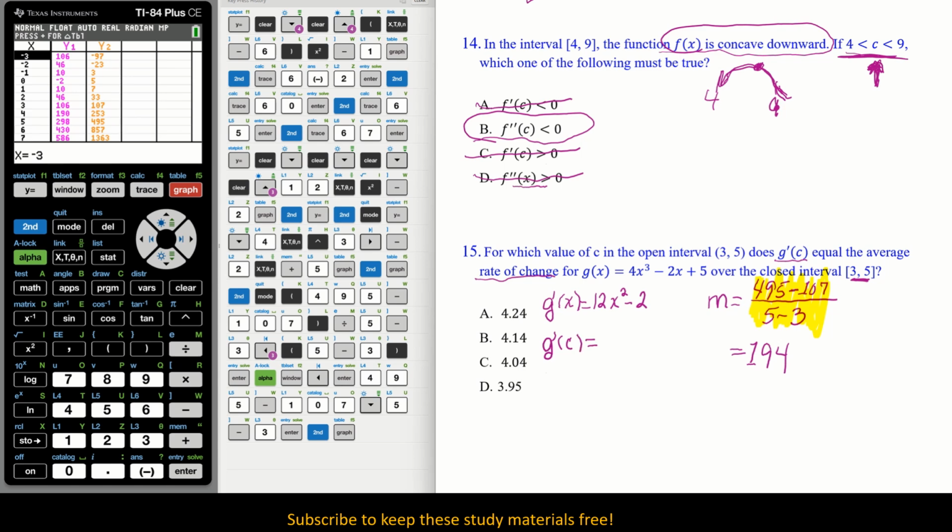Which value of C, which in our calculator would be where our X is? We need to find that value that will give us 194. We can do that manually, or we can look over here in our calculator.